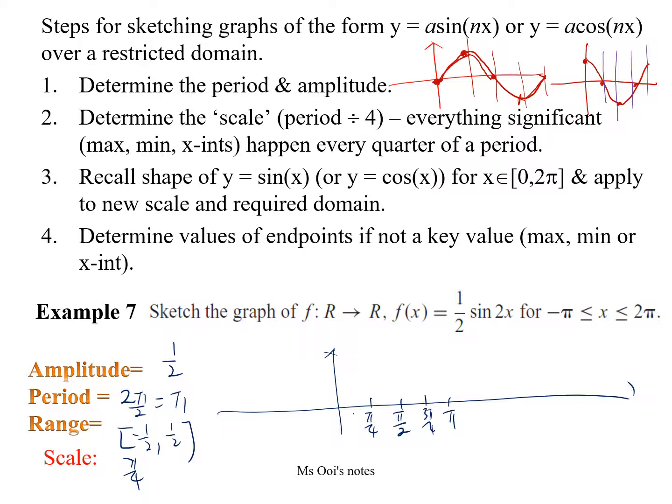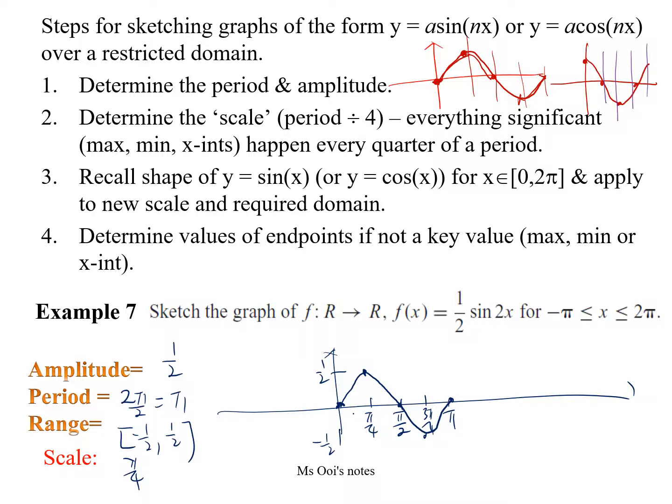Remember, sine curves start from the center. Okay, let's draw the max and write down the minimum. So center, maximum, center, which is the x-intercept, the minimum, and then the center, which is the x-intercept here. Join with a really nice smooth curve.